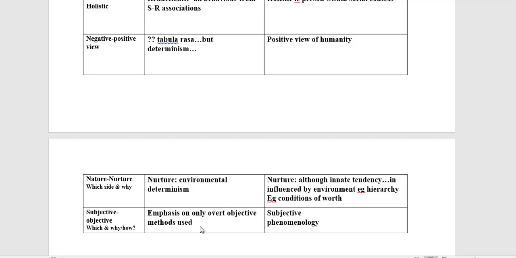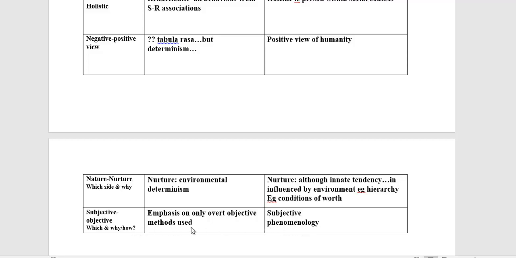And we could, if we needed another one, discuss subjective objective. So we know that the humanists are very subjective in terms of their outlook. They believe everyone is unique, and so they believe in phenomenology, that the subjective view of the person is more important than our objective reality. Okay, so again, if you're not sure of these terms, have a look at my short video on that.